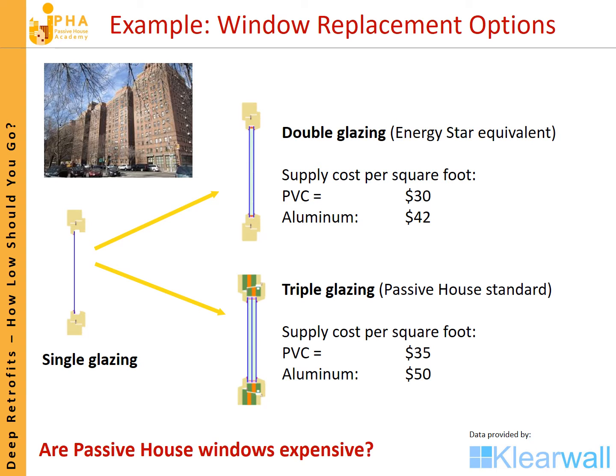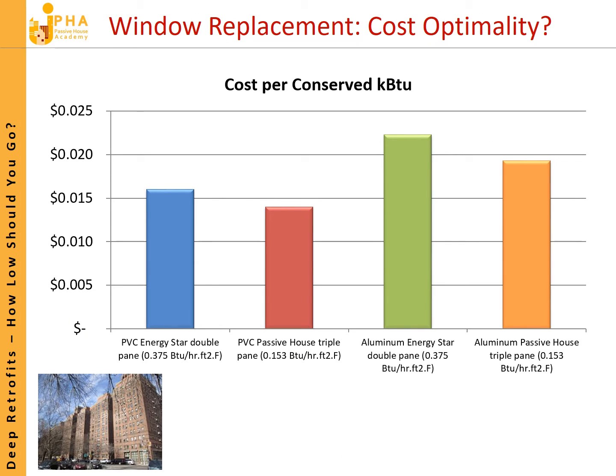So on the face of it, it won't surprise you that passive house standard windows are more expensive. But if we look at the cost optimality of those windows, the blue column here shows the cost to conserve a kBTU using the double pane windows, whereas the red column is the cost to conserve a kBTU using the Passivhaus standard windows. And you can see here, not surprisingly, that the Passivhaus standard is more cost optimal.